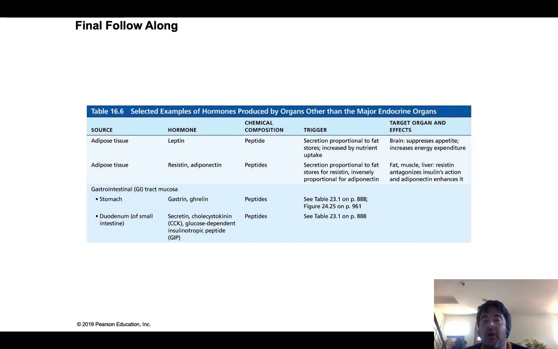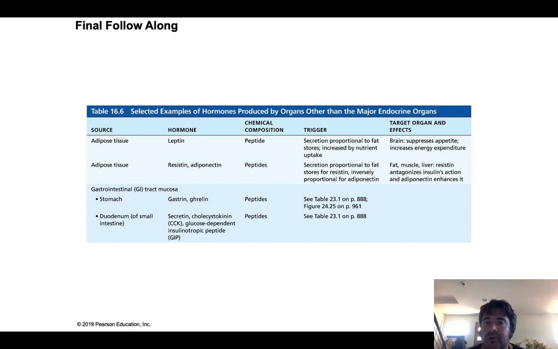Now, in our final follow along, what I'm going to highlight is we have our traditional endocrine system. But given the fact that a hormone is a chemical messenger secreted directly into the blood that travels through the cardiovascular system and binds to distant target cells, it's important to be cognizant of the fact that other tissues are capable of producing hormones.